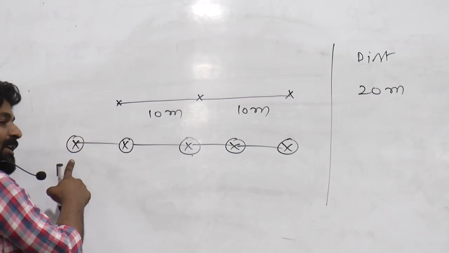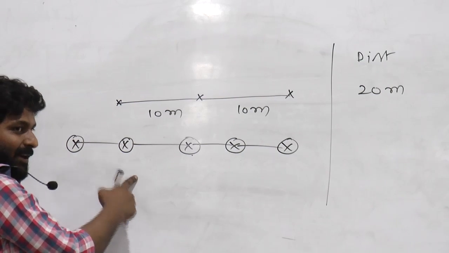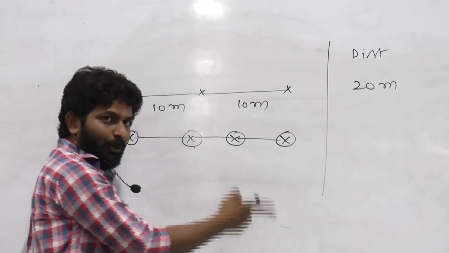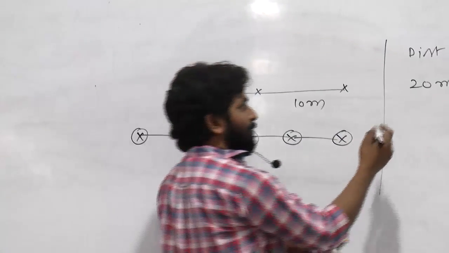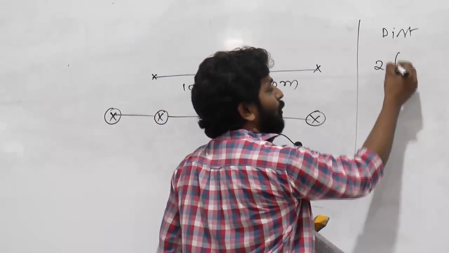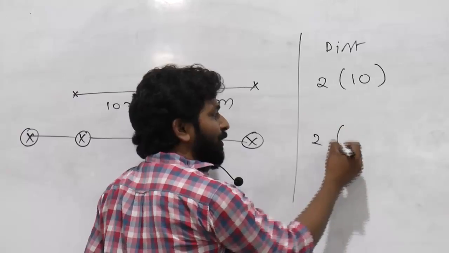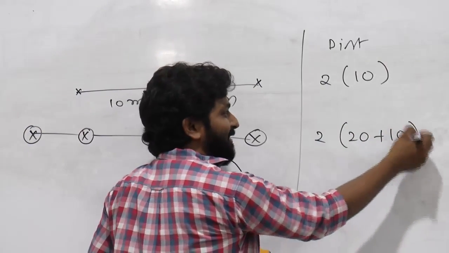So 20 plus 10, 30, into 2. Let me write it as 2 into 10 meters for the previous case, and this one as 2 into (20 plus 10) meters.